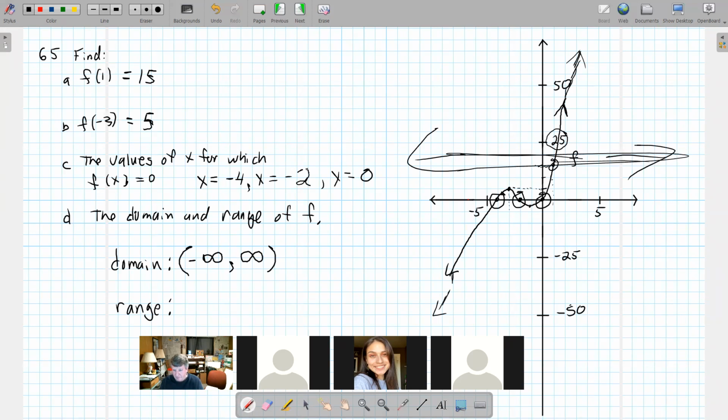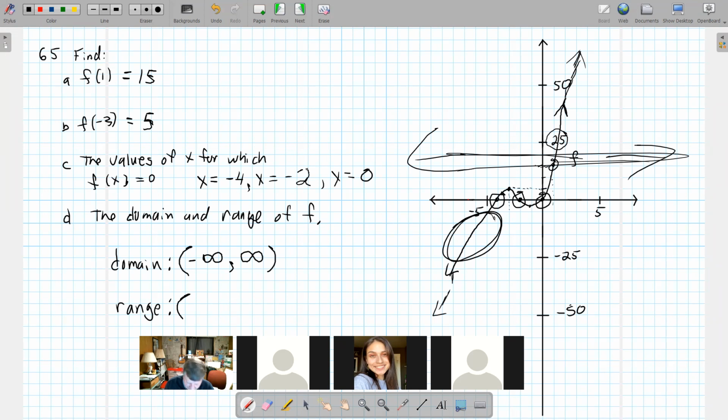So is the range the y value then? Yes. So what's the range for this? Is it 0 and infinity? What about these values? Aren't those negative y values? It doesn't start at 0.